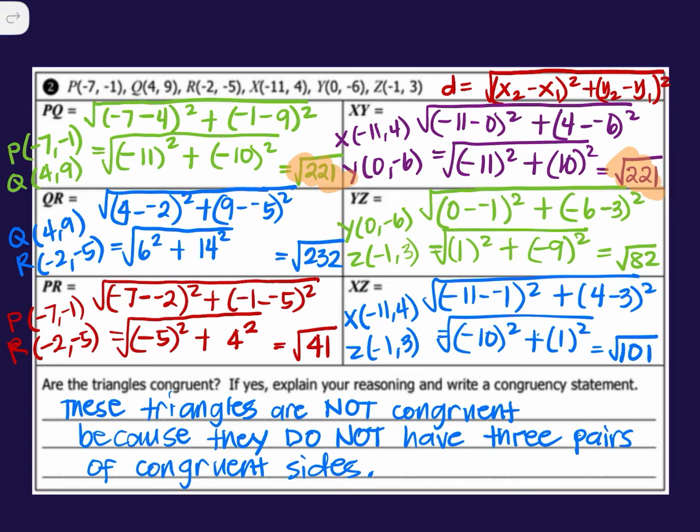So we're using side, side, side as the triangle congruence to determine if 2 triangles are congruent. So we are looking for the measurements of the sides. And so the measurements of the sides must be equal for us to say they are congruent. And there should be 3 congruent pairs.